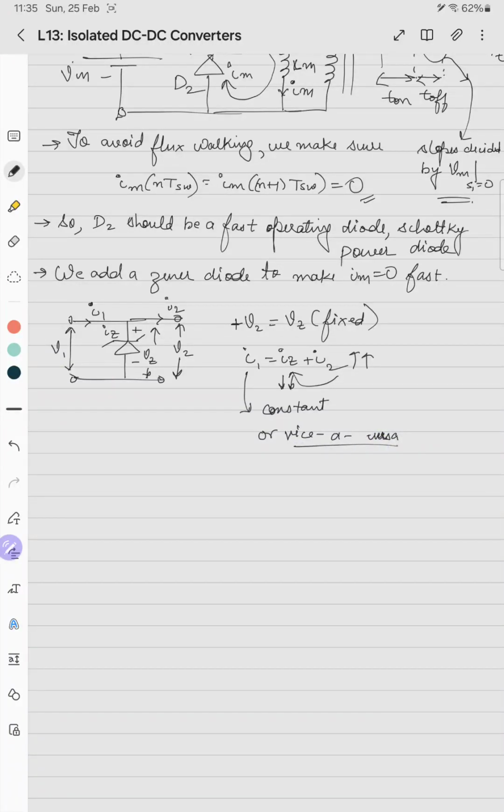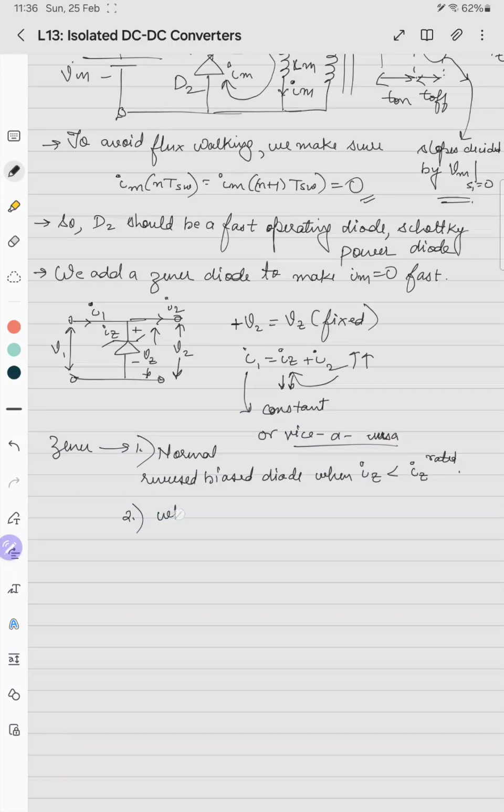A Zener diode will act as a normal reverse bias diode when IZ is less than IZ rated, meaning some small amount of current flows through it.